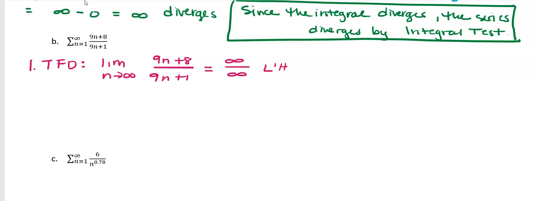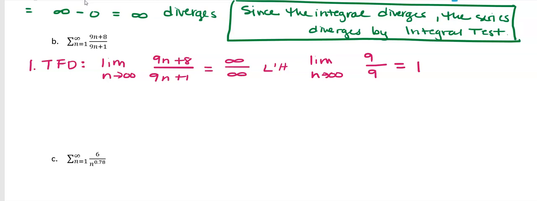Now again, if you see this using those pre-calc ideas, because n is approaching infinity and you have equal degree in your numerator and your denominator, you could take the ratio of the coefficients, but in my opinion, it's just as easy to do L'Hopital because the derivative really is just 9 over 9, which would give us a limit of 1.